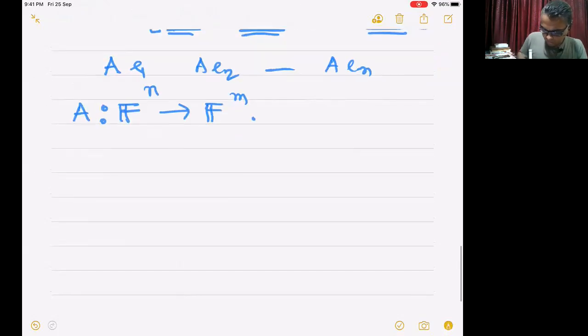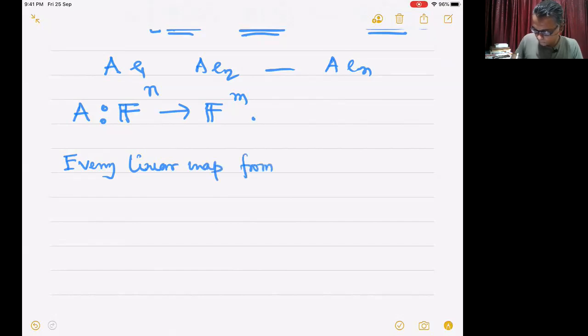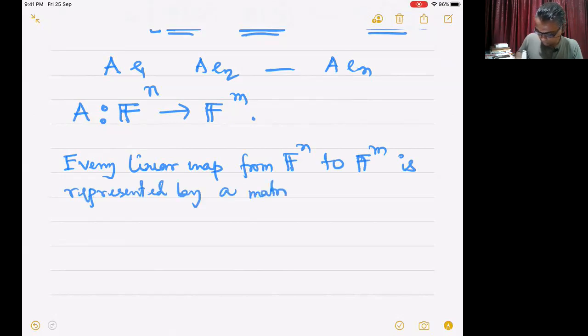So every linear map from F to the N to F to the M is represented by a matrix in F^(M cross N).